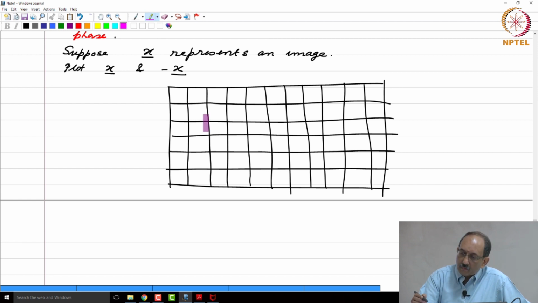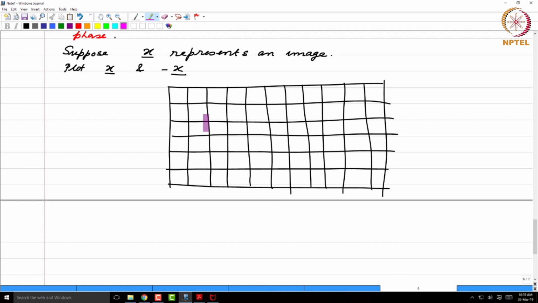Now, suppose I want to do low pass filtering, and simple low pass filtering is just averaging. In time domain, when you want to average, you will just take say 5 samples, add them and divide by 5. So, this is 5-point averaging and so on.